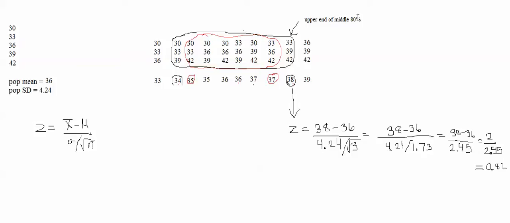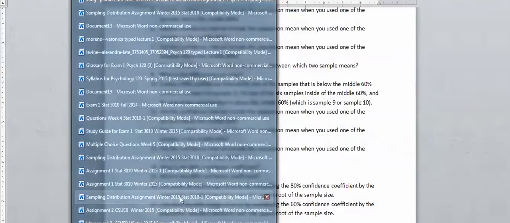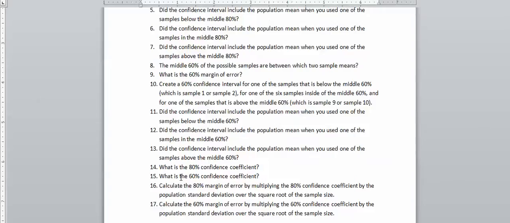Now, the next question asks for the 60% confidence coefficient. It's the same steps as we just did before, but now we're dealing with a different boundary. We're going to work with the upper end of the middle 60%, which is this boundary right here. So the question says, what is the 60% confidence coefficient?